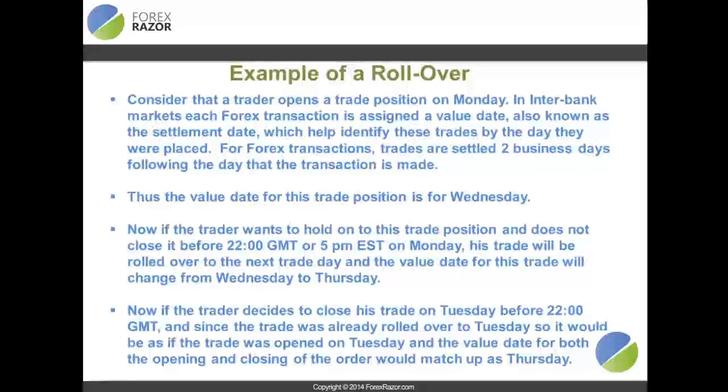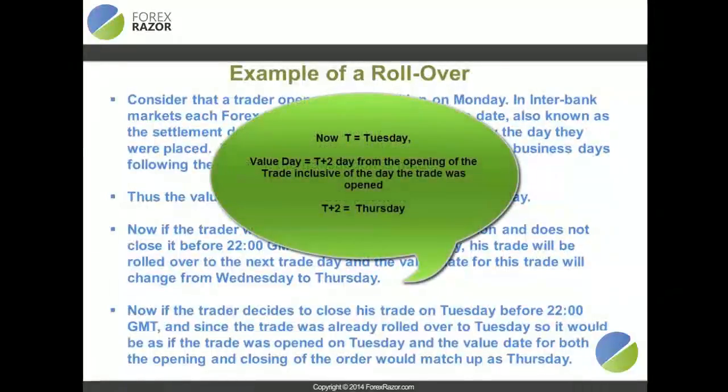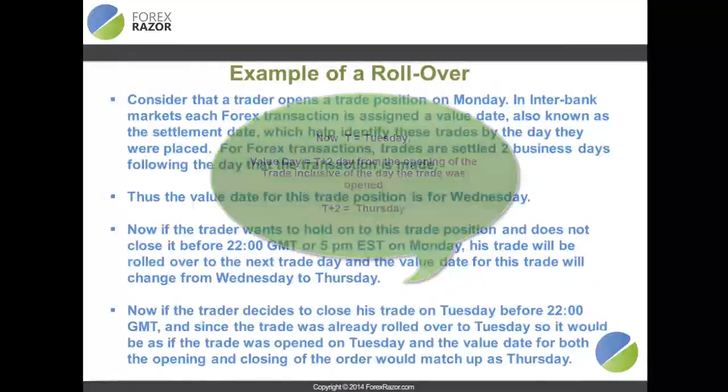Now, if the trader wants to hold on to this trade position and does not close it before 2200 GMT or 5 p.m. EST on Monday itself, his trade will be rolled over to the next trading day, that is Tuesday. And the value date for this trade will also need to be changed 2 days ahead of Tuesday, which would come out to be Thursday.